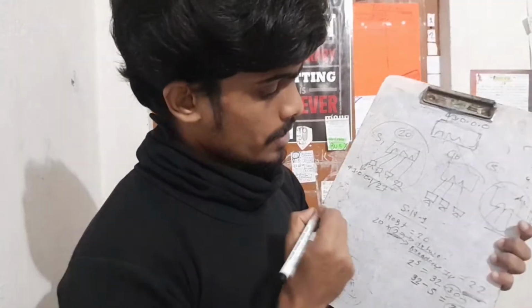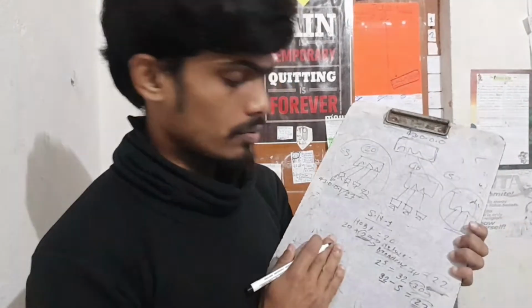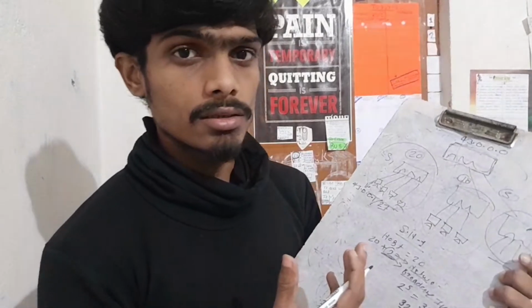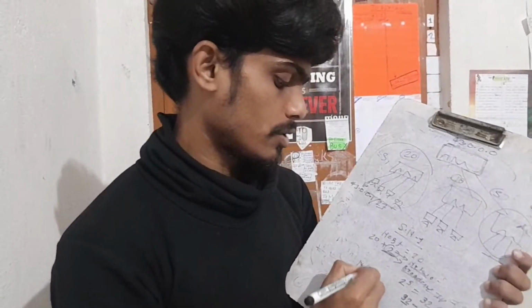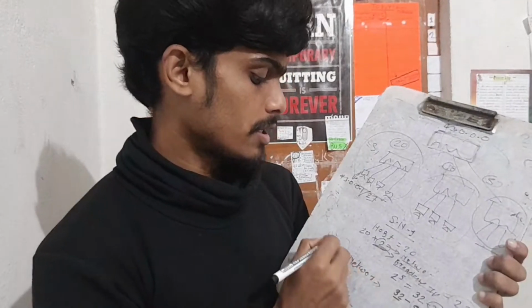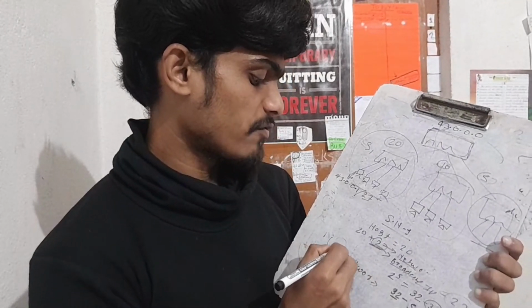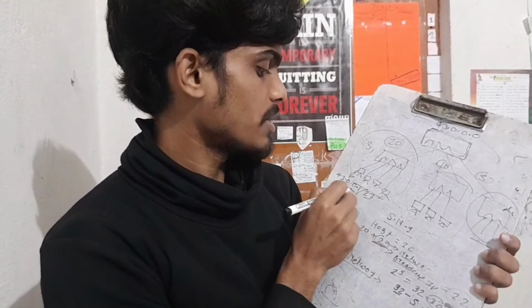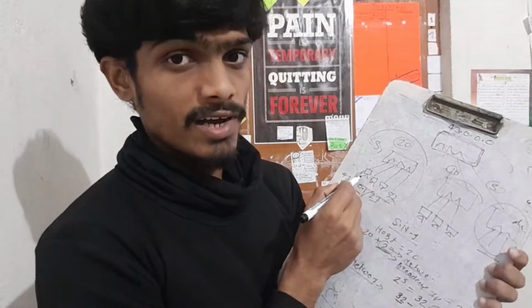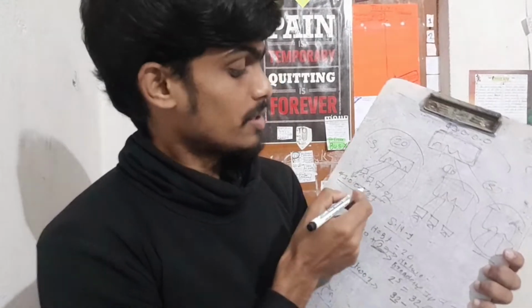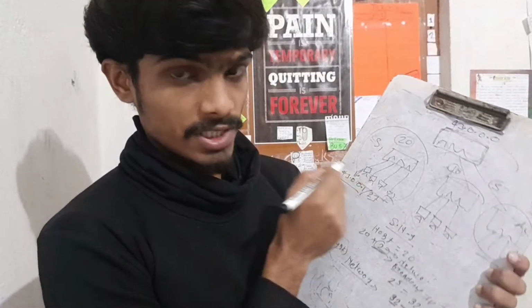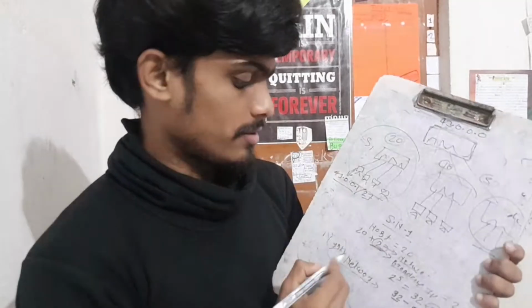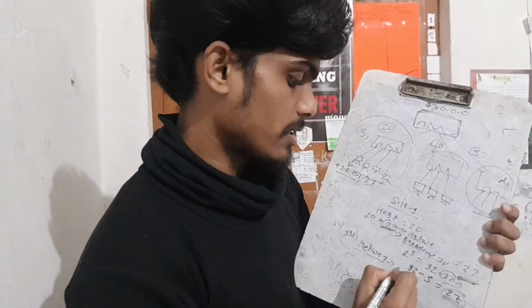Fine. Now we have to find the network IP. Network IP, as we have already said, is the very first IP, and it is the one just before the first device's IP.